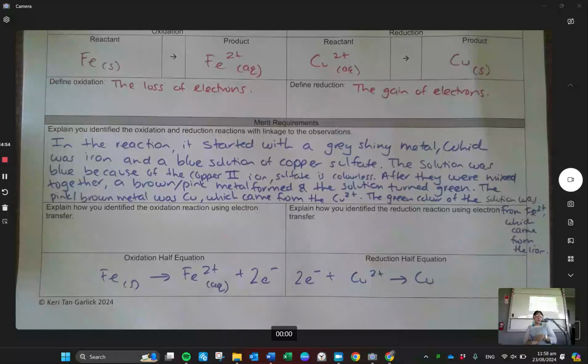All right. Next thing is your justification. So identify the oxidation reaction with the electron transfer. Fe has lost 2 electrons to form Fe2+.